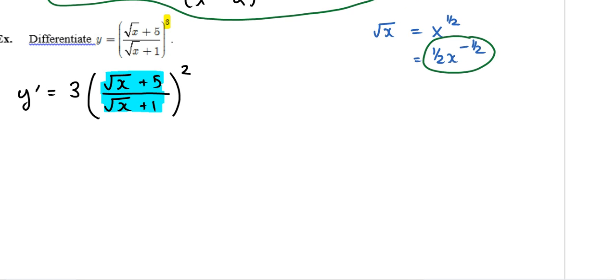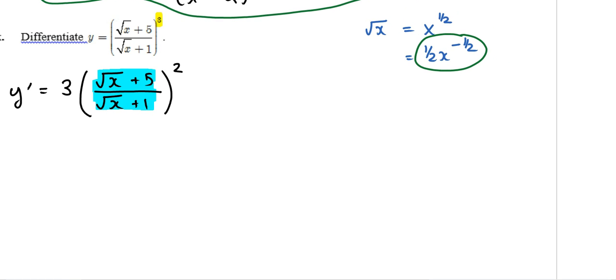Alright, so I know it sucks, but you're going to see this on a test or a quiz, so let's find the derivative of that inside function now. If I take the derivative of the numerator, the square root of x, it is going to be 1/2 x to the power of -1/2. Then I times that by the denominator, which is just root x plus 1.